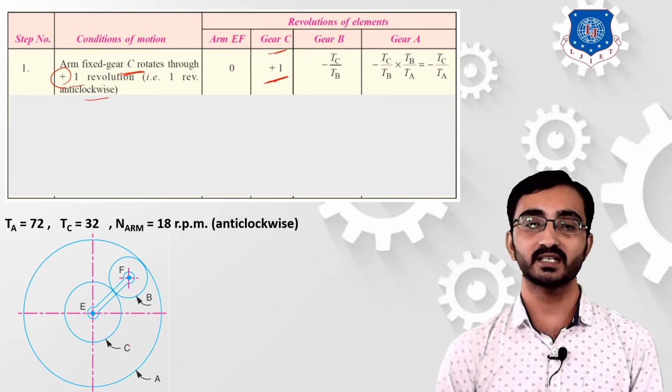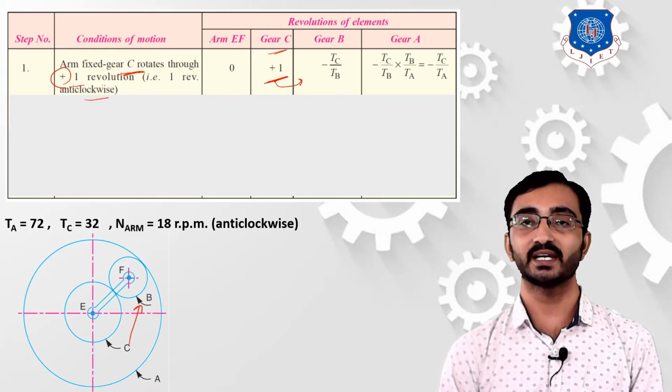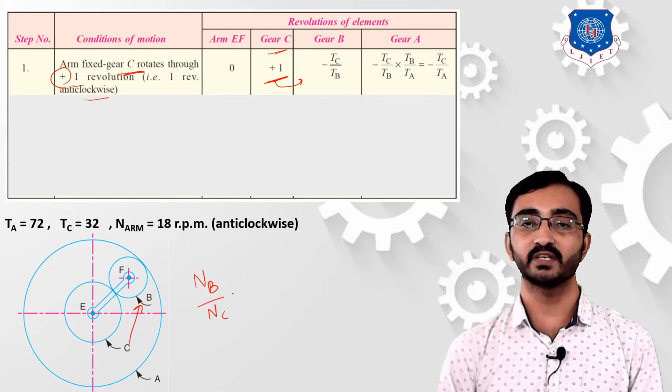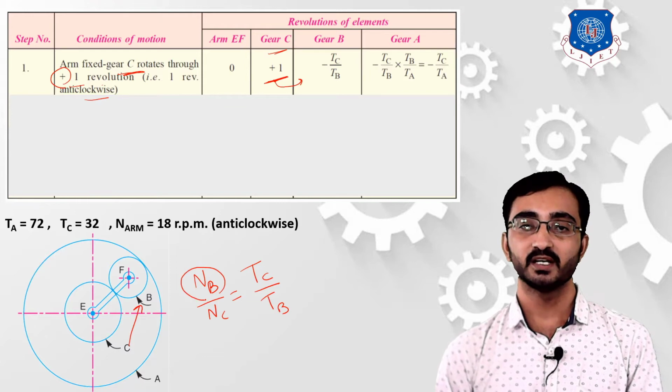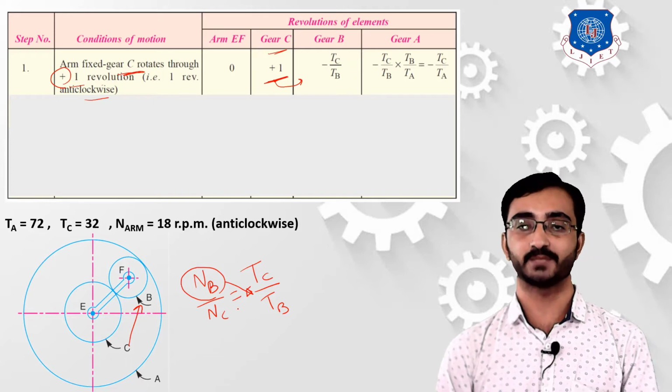Now gear C is connected with gear B, so from the equation of gear C we can find the equation of gear B. We have a simple relation: speed of gear B upon speed of gear C is equal to teeth of gear C upon teeth of gear B. This is a very simple fundamental: speed is always inversely proportional to the number of teeth.